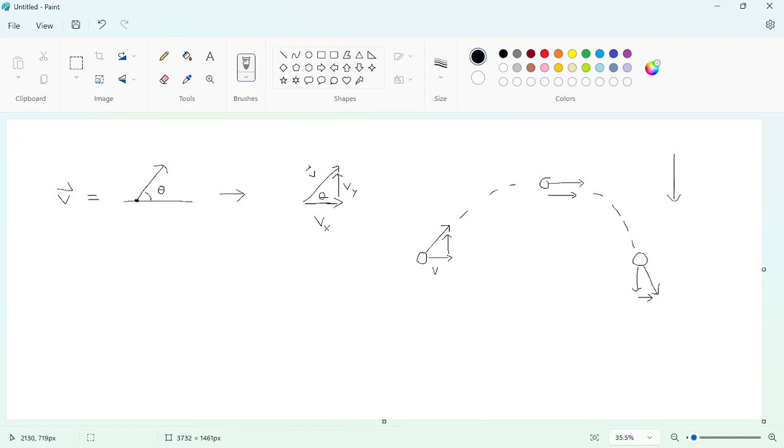Vx in every given case is constant because gravity does not affect the horizontal component of this ball, of this item. However, it does affect the vertical component, which is why Vy goes from positive to 0 and then to negative. Yeah, you'll see that a lot.